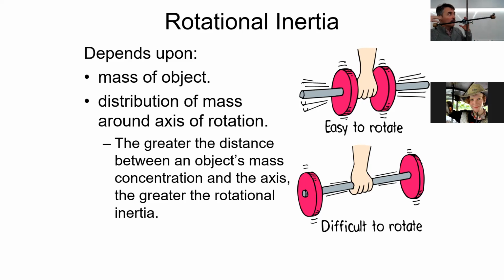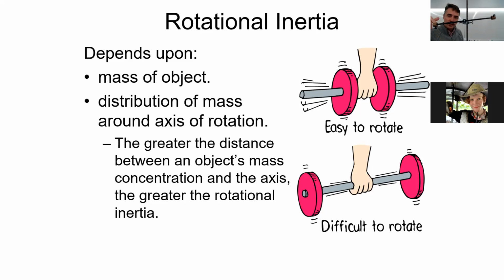So remember, in linear, if you have something that's more massive, like a big locomotive train, it's harder to accelerate it, and it's also harder to slow it down. Right? Because it's got so much mass, it wants to keep its constant velocity. Well, this has a lot of rotational inertia, so it wants to keep its angular velocity.